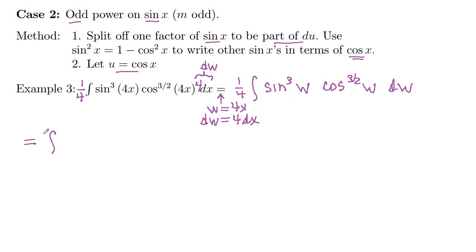So this will be 1/4 on the outside, integral sine squared w. And I'll leave a little space, and then we'll put that other factor of sine w out on the end, sine w dw, because you can multiply in any order. And then we got cosine 3/2 w.